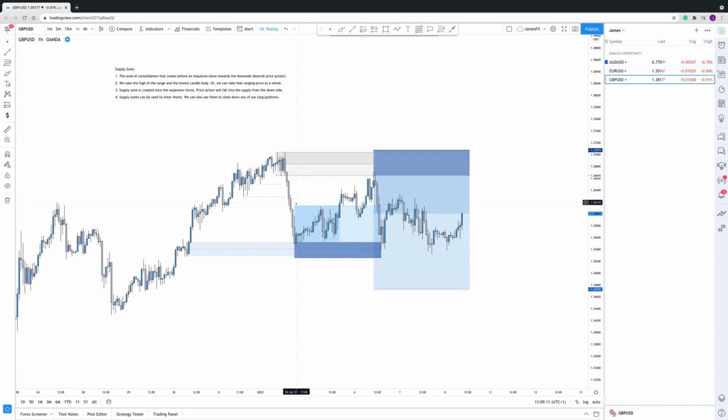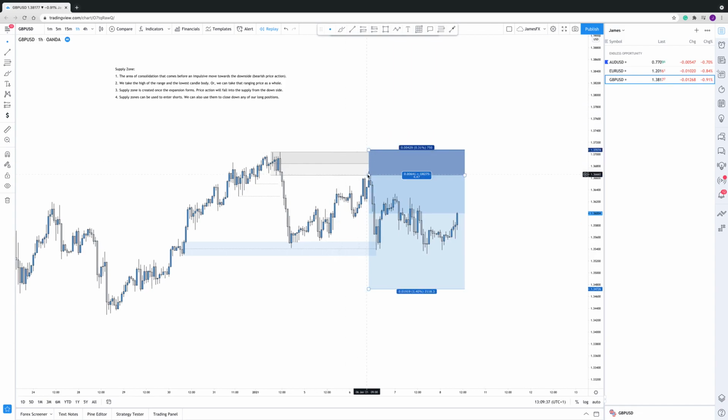We can target sort of the beginning or the base of the supply, and you can see how perfectly it played out. Now this is at 4.3R with a 26 pip stop loss. Now on lower time frames we can get in with a much tighter stop loss than this, but this is just to show the concepts. So then we tap in to the supply, and then you can see we push off.